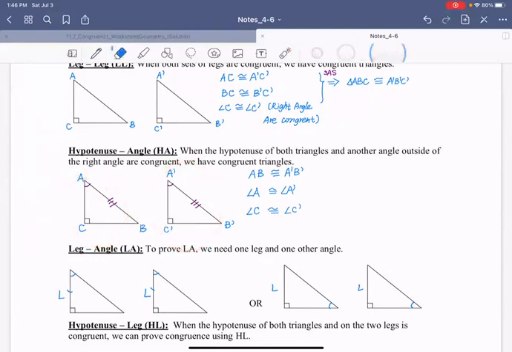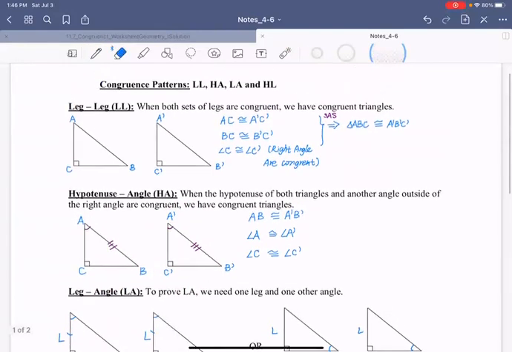Triangle ABC is congruent to triangle A prime B prime C prime because of angle angle side, AAS. Very good.